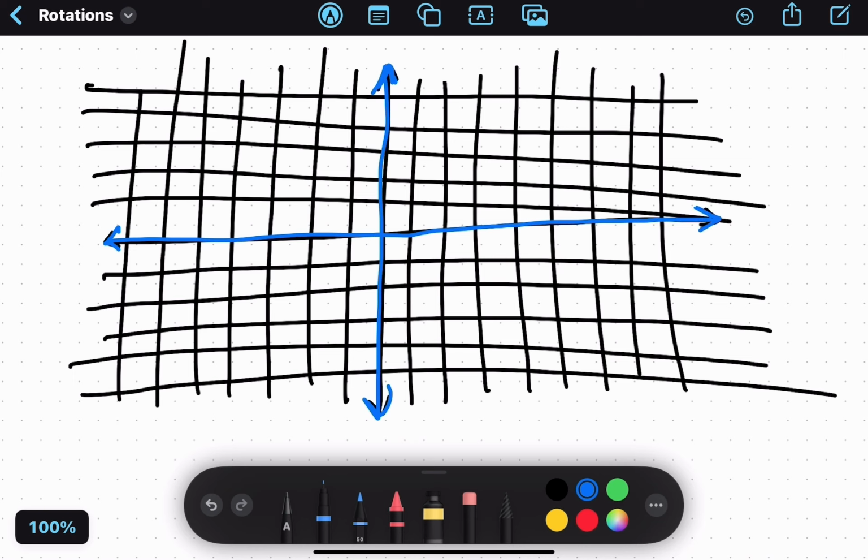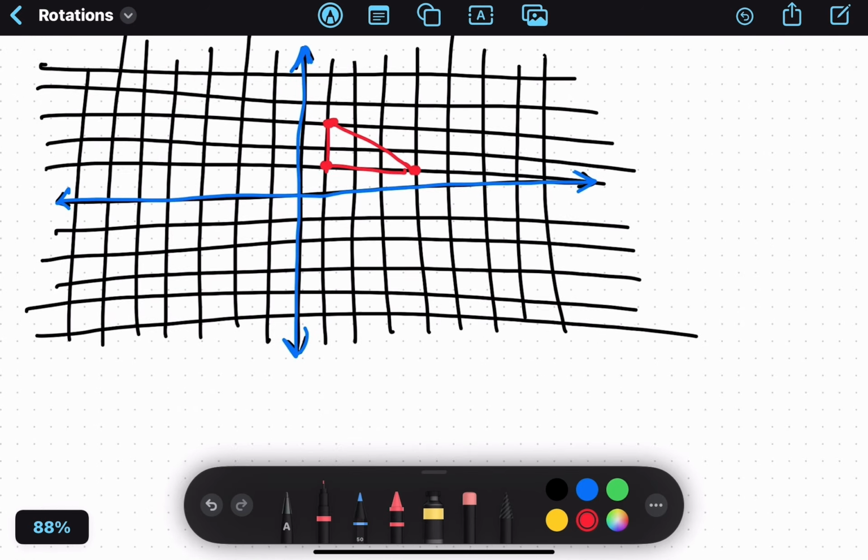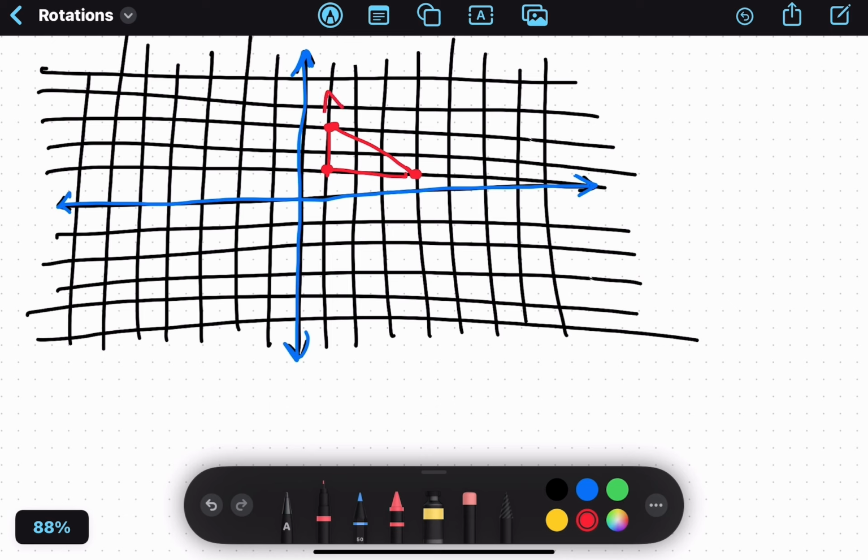Okay, let's get started. So let's say we have a geometric object, like this triangle right here. And this triangle has points labeled A, B, and C. Point A is (1, 3).